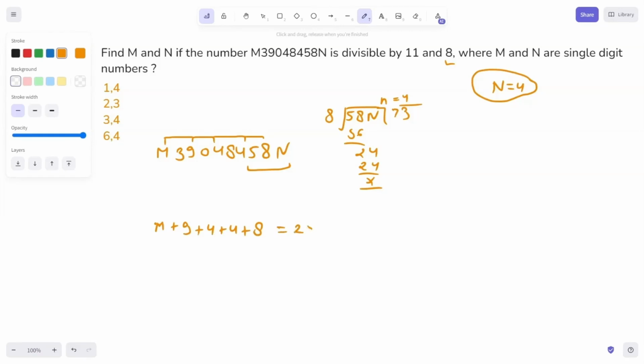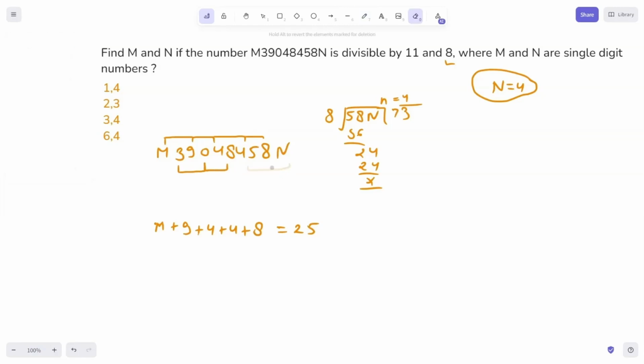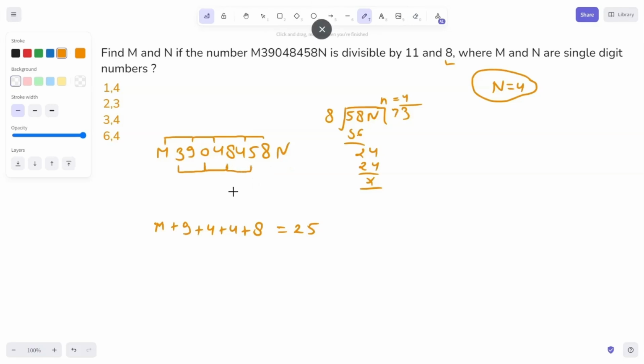It will be 25 plus m. Now let's see the sum of the even position digits: 3, 0, 8, 5, and n. We have put the value of n as 4, so 3 plus 0 plus 8 plus 5 plus 4, and the sum is 20.